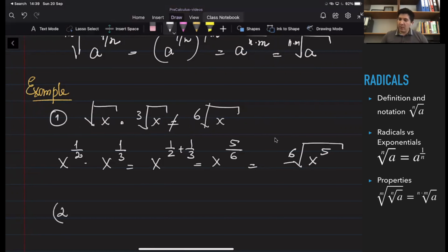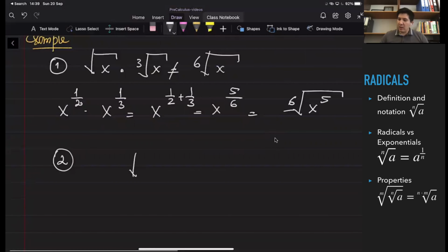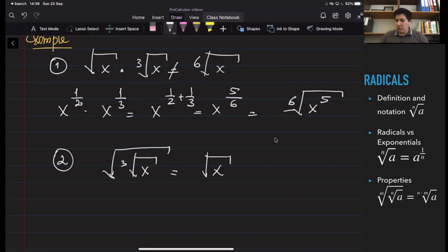And the second example can be written as taking the square root of the cubic root of x. It's going to be simply the root of x in the 6th degree. So here are the examples of the laws of the radicals. Please note that calculating or getting rid of the radicals is a difficult process.